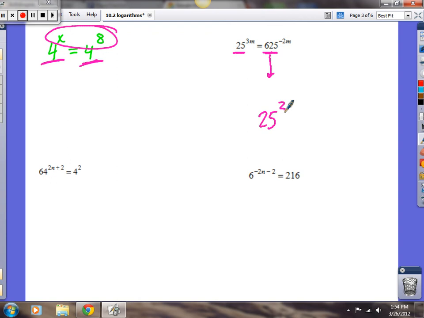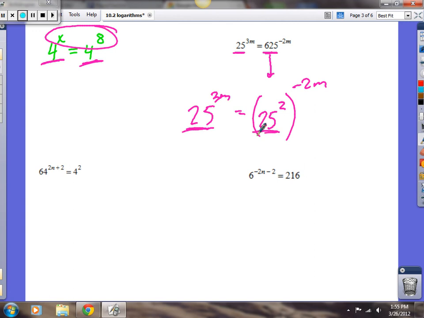So on your calculator, type in 25 and you just go 25 times 25 until it equals 625. So here we go. I'm going to manipulate this and I'm going to write it as 25 squared raised to the negative 2m power. On the left, I did not have to change a single thing. 25 to the 3m.